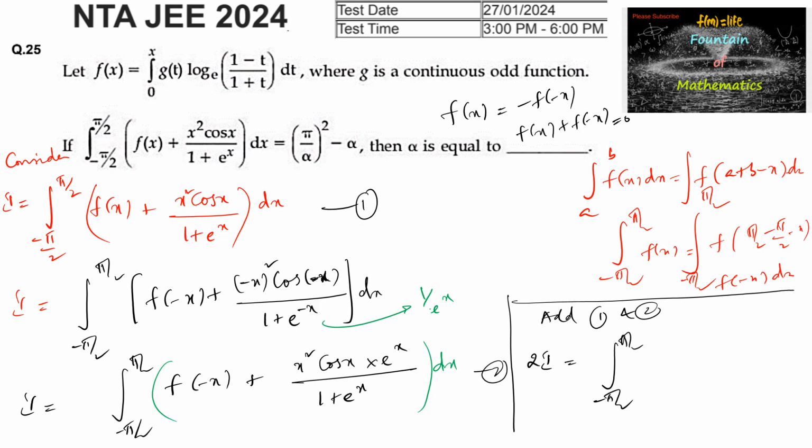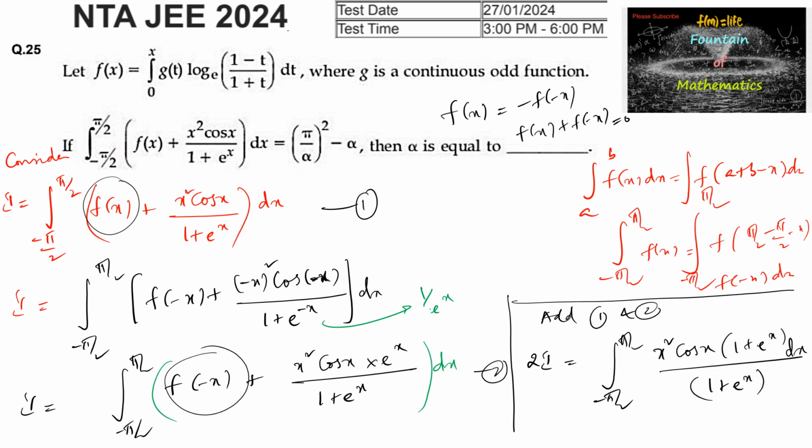And so we can write x square cos x taken common, (1 plus e power x) divided by (1 plus e power x) dx. So this is nothing but x square cos x.